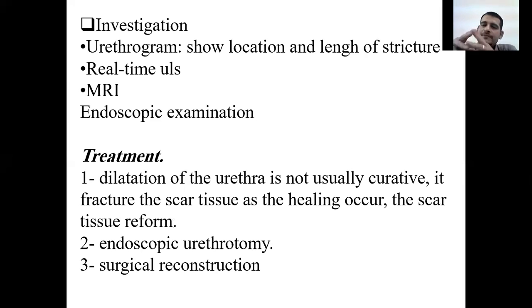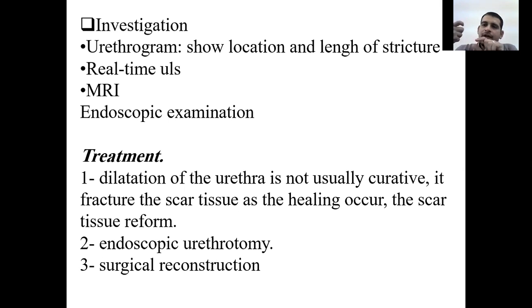How do we do the retrograde urethrogram? By insertion of a small 12 French Foley catheter, only the tip, into the navicular fossa, and then inflating the balloon with 1 to 2 cc of fluid.